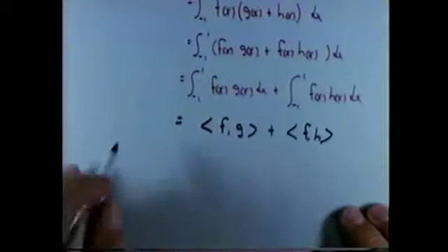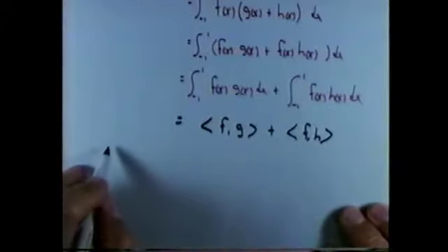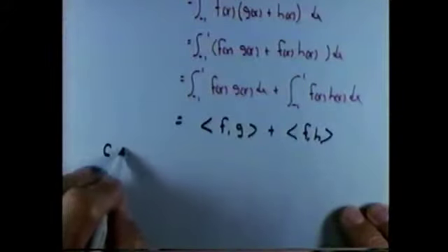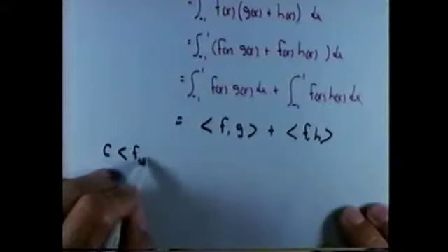Now for the third property, we want to start with the inner product of cf and g.